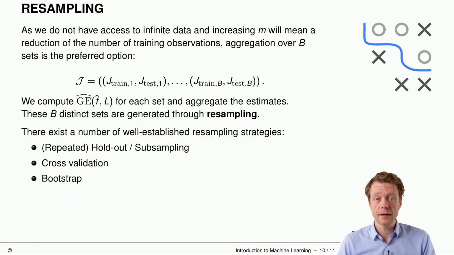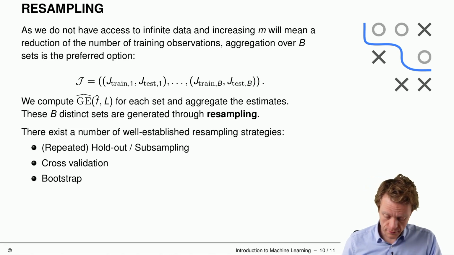So that's exactly what we do when we speak about resampling. We do not have access to infinite data. We cannot really increase m unless we accept that the trained model is worse because there is less data left for training the model. So what we try to do is perhaps more train test splits, not just the one.